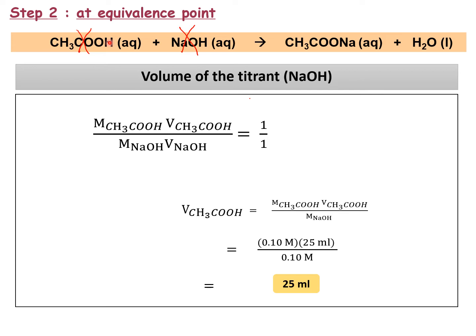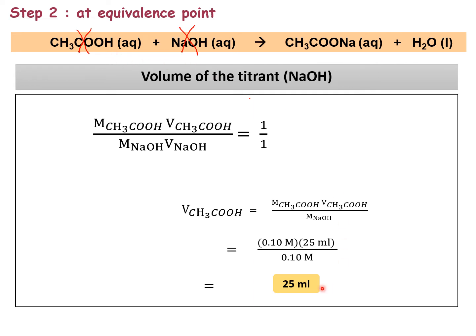Sebab kita punya equation is 1 to 1. Concentration kita sama. So, by right, the volume should be the same. Okay. You still need to do this. Okay, sebab apa? Dekat sini, betul, saya akan dapat volume yang sama. Sebab apa? My concentration is the same. Okay. Dan, saya punya equation, dia punya stoichiometry 1 to 1.